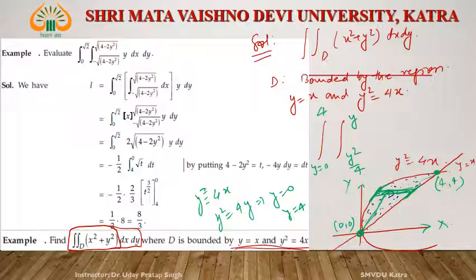So x goes from y square by 4 to y, and the function is x square plus y square. Since the limit of the internal integral is a function of y, we have to evaluate with respect to x first, and then dy. Now you can evaluate this integral easily.